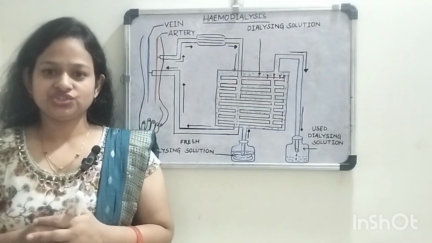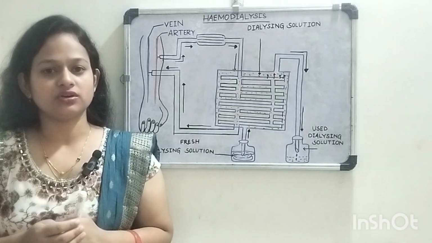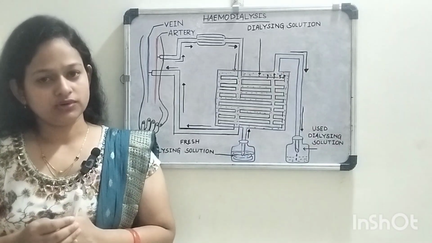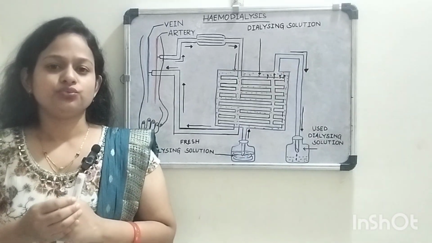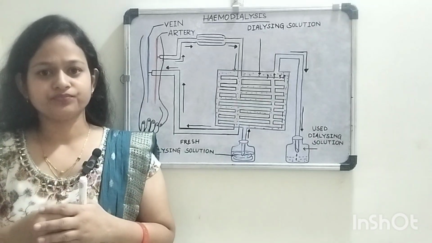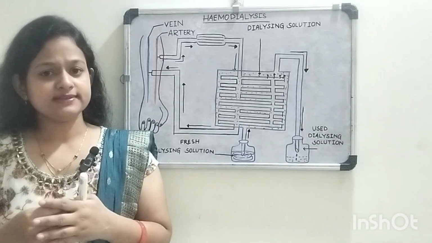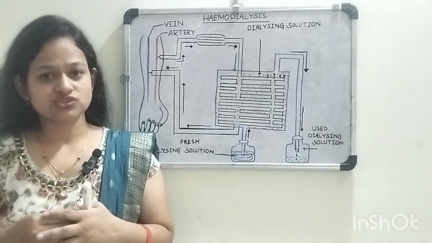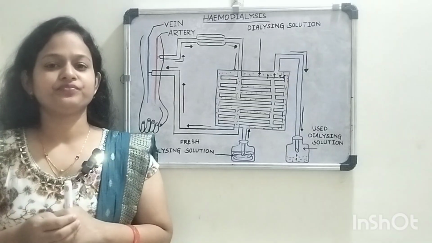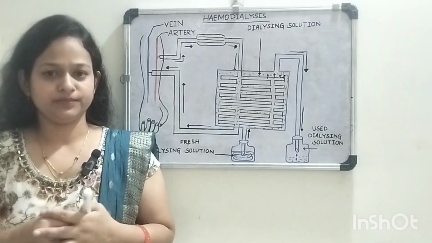You all know that the function of the kidney is to remove all the waste products from the blood. But in case of damage to the kidney due to some injuries, diabetes, excess blood pressure or infection, the kidneys fail to work properly.